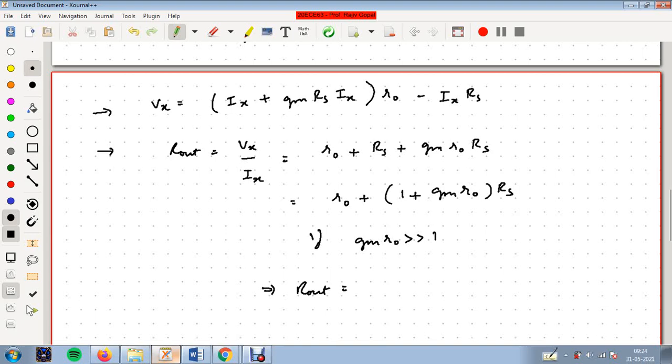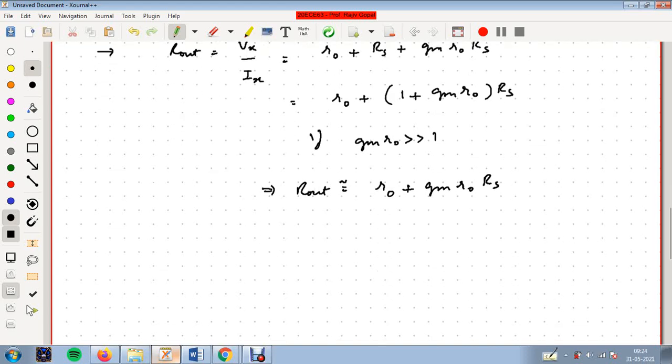simply R0 plus Gm R0 Rs. If I take R0 common here, 1 plus Gm into Rs. So if you see, this is what K is.